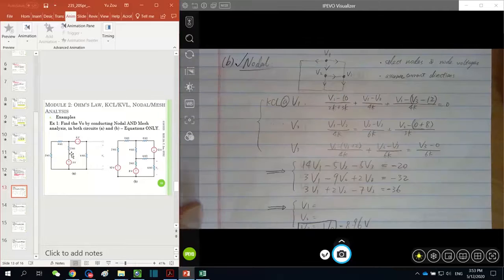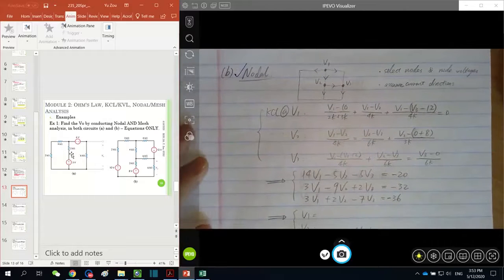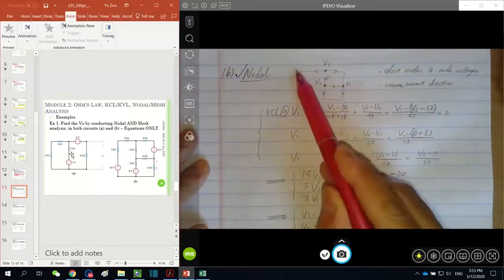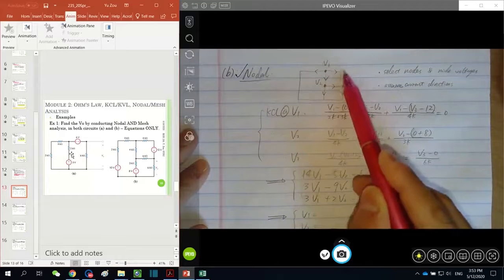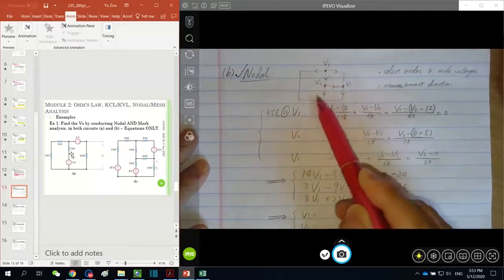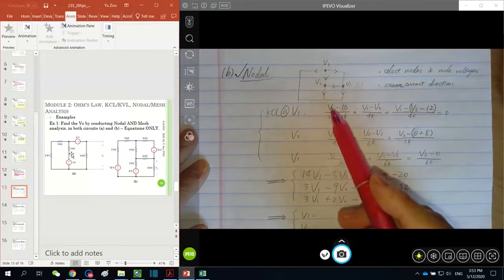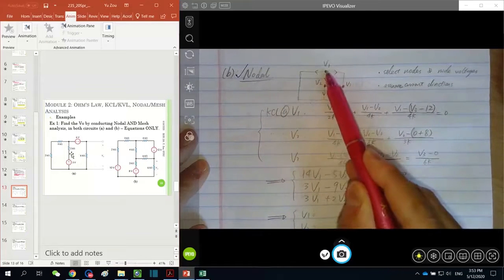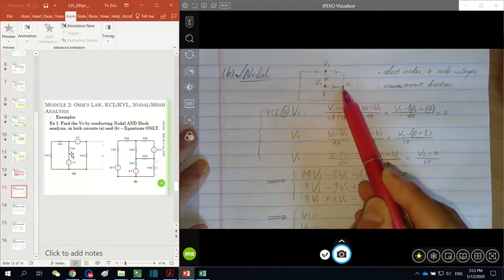By nodal, we are selecting nodes. We don't like this corner node, and we don't like the bottom super node ground either. So we choose node 1, node 2, and node 3 with assumed voltages V1, V2, and V3. This is the first step.